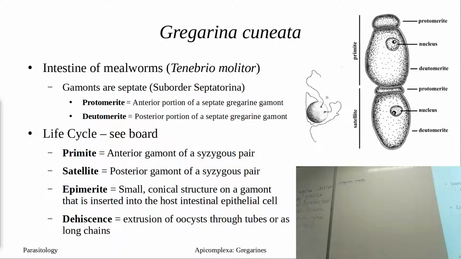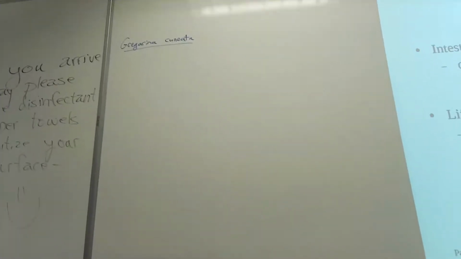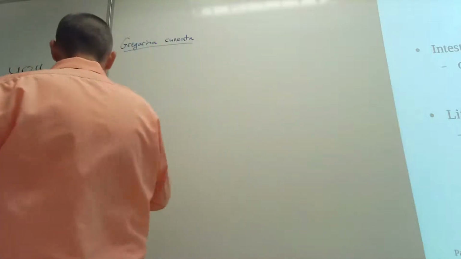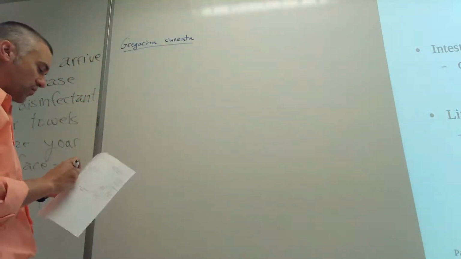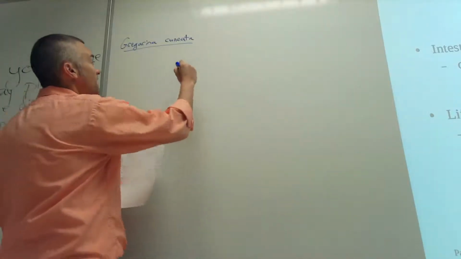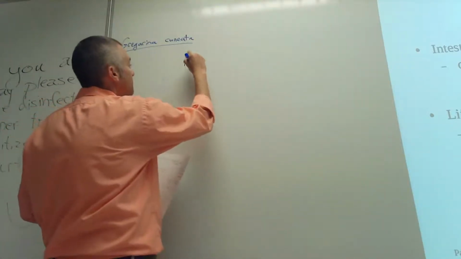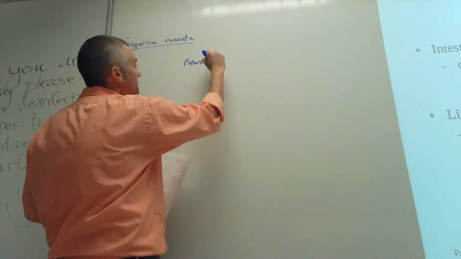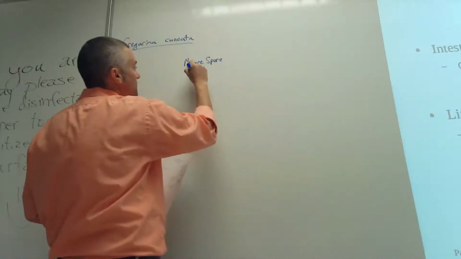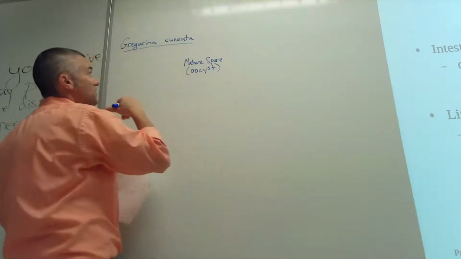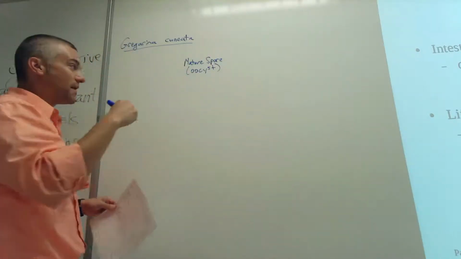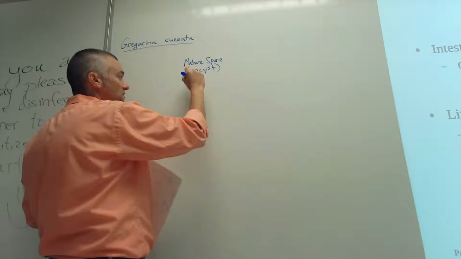Let's enlarge this. All right, Gregarina cuneata. We're going to have our oocyst. All right, that's our mature spore. In Gregarina cuneata, it's actually kind of box-like.